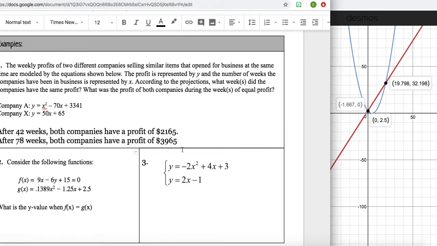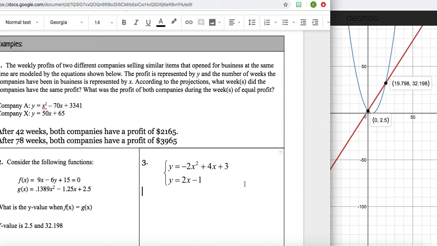Alright, let me move that over a little bit so I can see. So the y value is actually 2 different values. So when f of x equals g of x, the y value is, no, not 0, that's x, is 2.5 and 32.198. So there were 2 different y values because there are 2 places that these two were equal to each other.